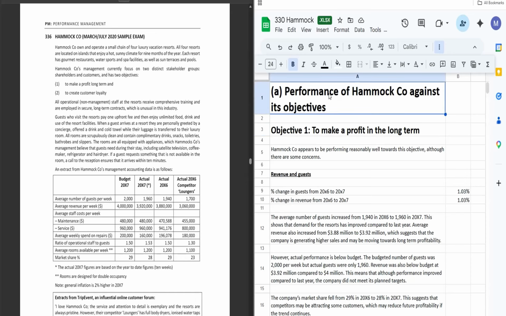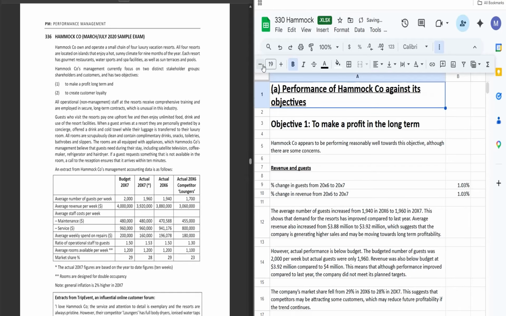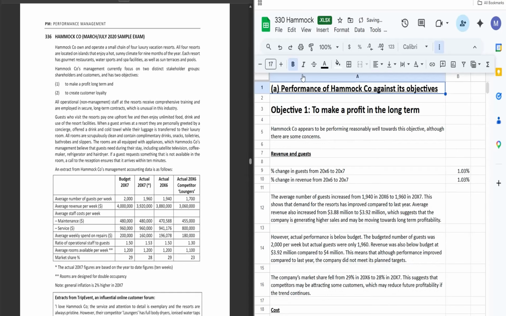So it's very important to have a clear heading. Here, part A of the question I am solving, and I'm discussing the first objective of the company, which is to make a profit in the long term. So I have started here.